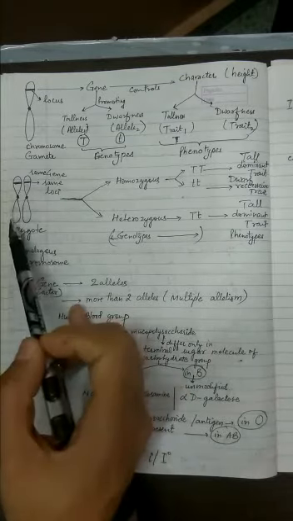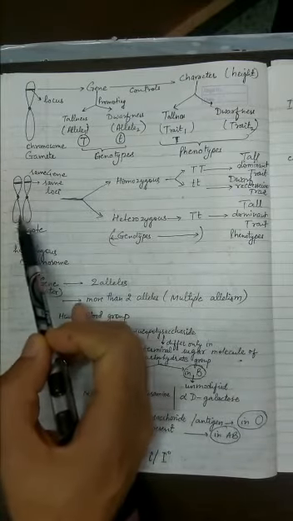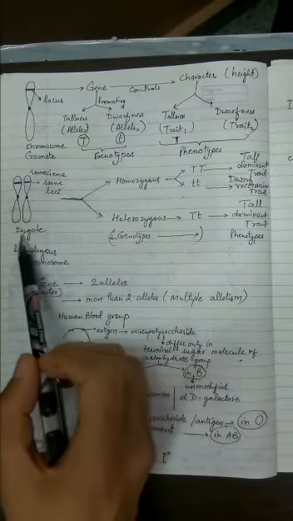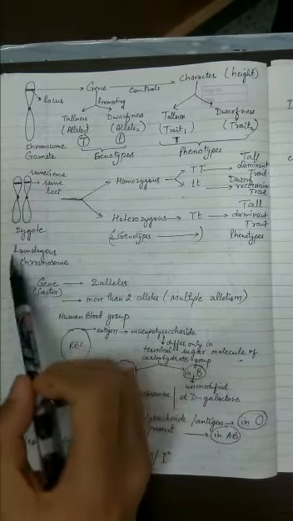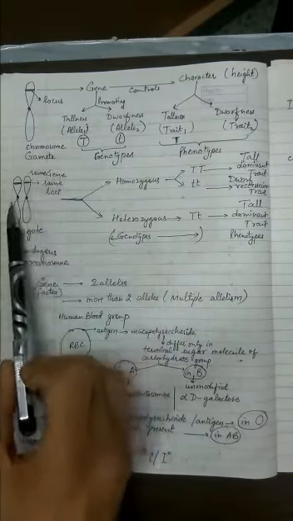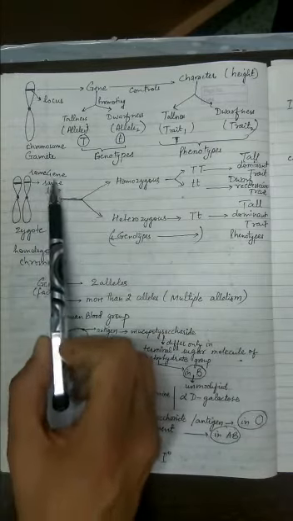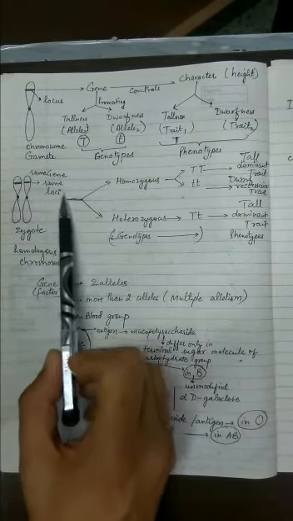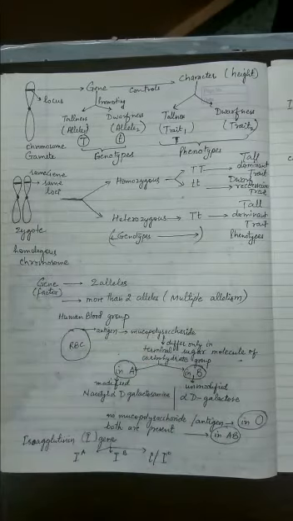So if one chromosome is from the sperm, the other chromosome is from the mother or the ovum, these are called the homologous pair of chromosomes. Because the chromosomes are similar, the genes present on them will also be similar, and that means the position they occupy is also going to be similar.